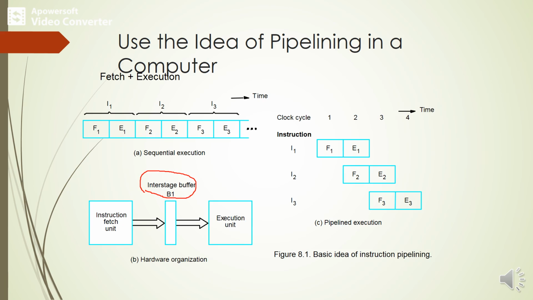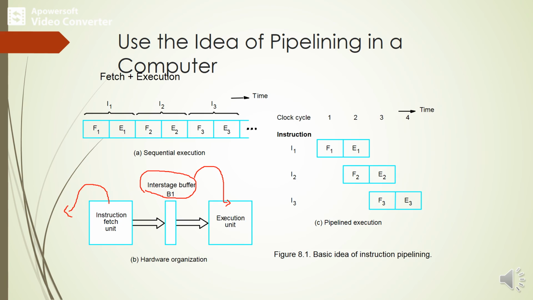This buffer enables the execution unit to execute the instruction while the fetch unit is fetching the next instruction. So the condition here is that from the interstage buffer, the instruction will be moved into the execution phase, and in parallel the instruction fetch phase will fetch the next instruction.